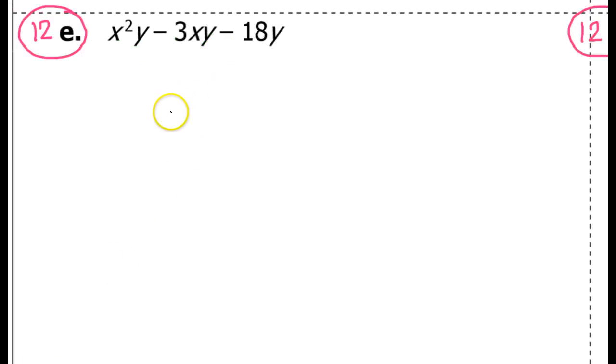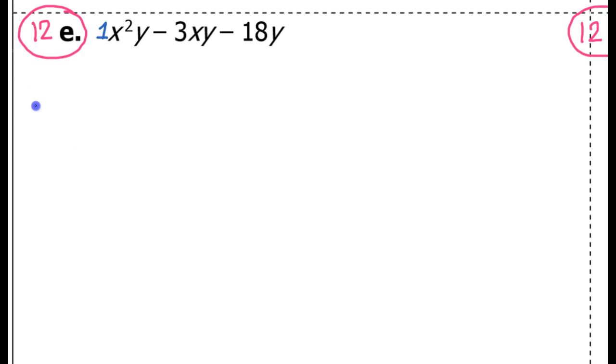Okay, GCF. Well, this first term has like a 1 right here, so there's no number that's going to divide into all of these. So variables. Do they all have x's? No, the last one has no x's, so forget about that. Do they all have y's? Yes, they all have one y.